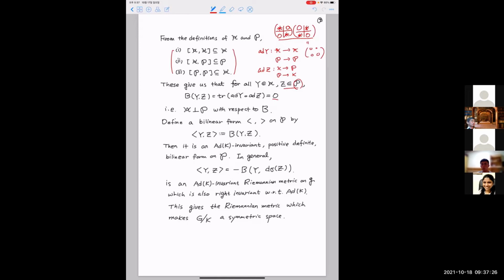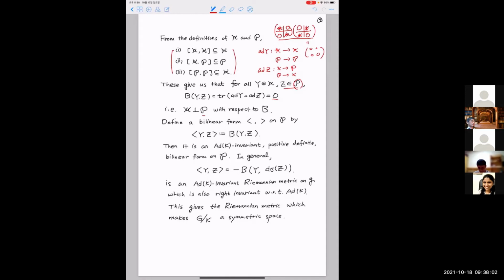So we know that 𝔨 is perpendicular to 𝔭 with respect to the Killing form. That means that even though the space 𝔭 is determined by the Cartan involution, which comes from the geometric symmetry of the symmetric space, here we know that 𝔭 can also be determined by the Killing form.